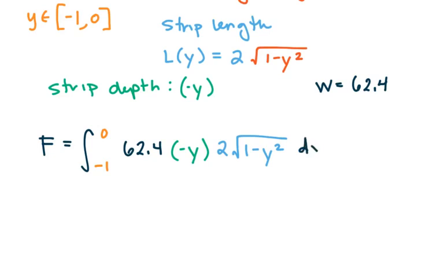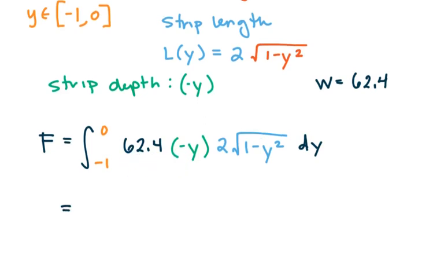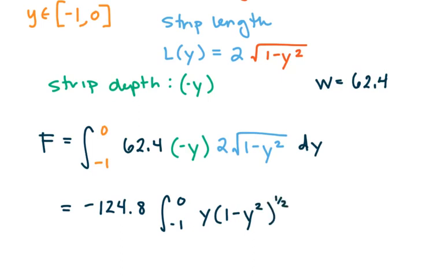And we need to integrate that with respect to y. So the 2, the negative, the 62.4, I can pull all that out in front, which gives me -124.8 times the integral from -1 to 0 of y times 1 minus y squared to the 1/2 dy.